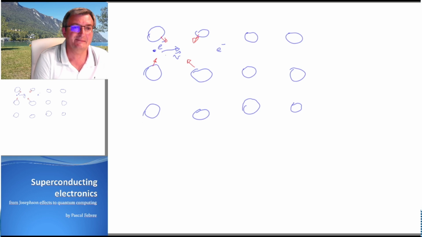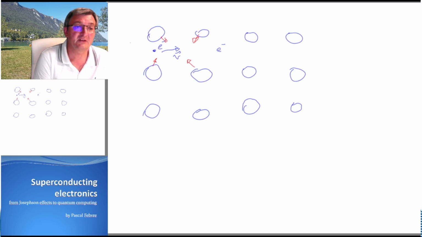So you have this first electron, which came here and attracted these atoms, these positive ions. When the electron has left, these ions are heavier. They didn't have time yet to go back to their initial position. And finally, it means there is an excess of positive charge in this area.